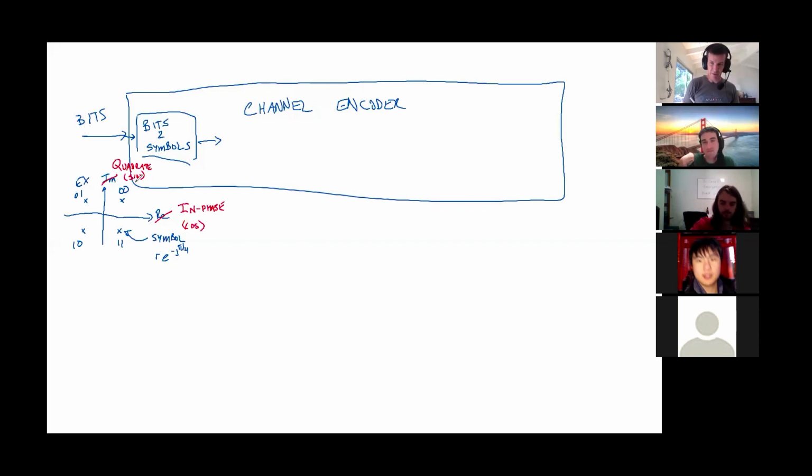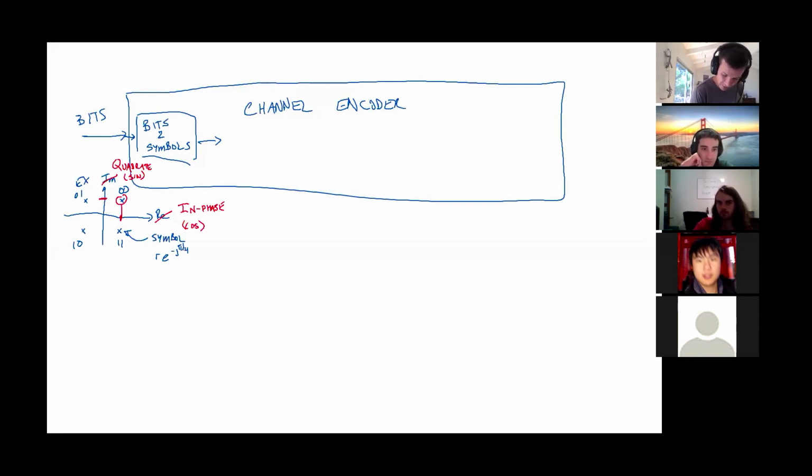And thinking about it in terms of an IQ diagram, not intelligence, but in phase and quadrature, is helpful because it maps these complex numbers back to real waveforms immediately, right? So this symbol has this much cosine and this much sine, if you were to think about it as a continuous time waveform. Okay. And so this, sorry, I didn't label this.